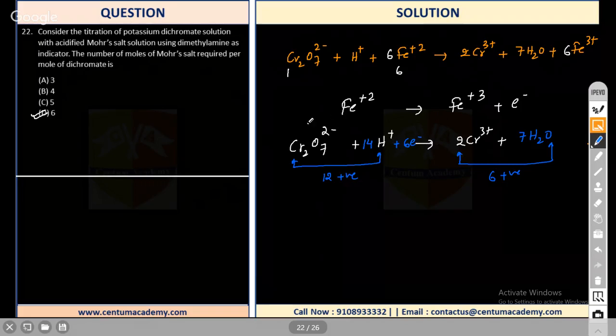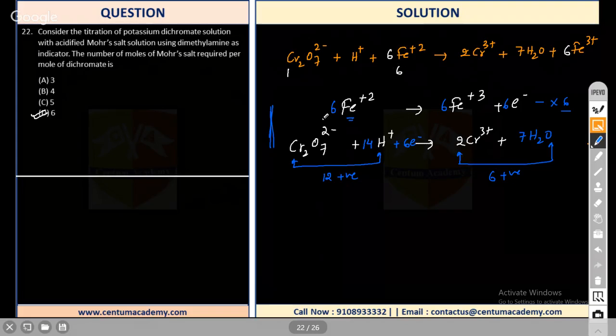Okay. So now when you add these two equations, we have to add in such a way that these electrons get cancelled. So this reaction we have to multiply by 6. So we'll get 6 Fe2 plus, 6 Fe3 plus and 6 electrons. And then when you add this, electrons get cancelled, we'll get 6 moles of salt here. Right? So that is why you are getting 6 moles of Mohr's salt.